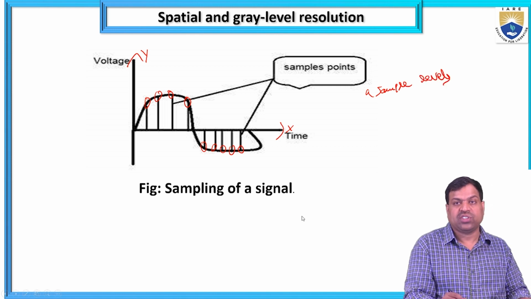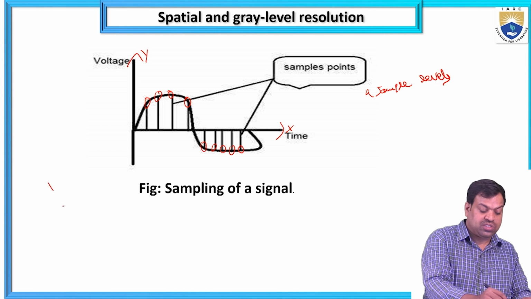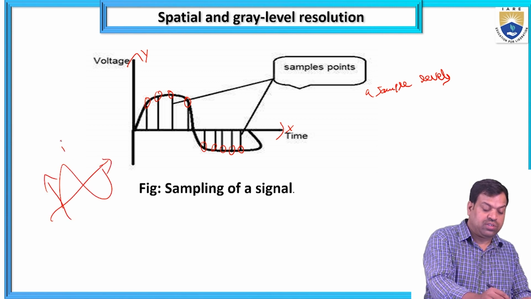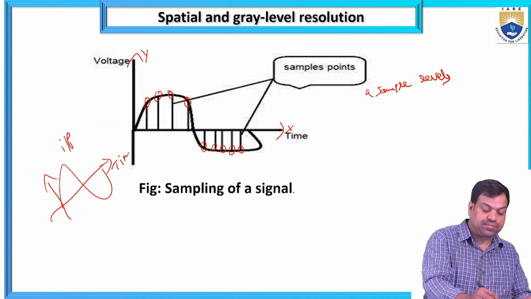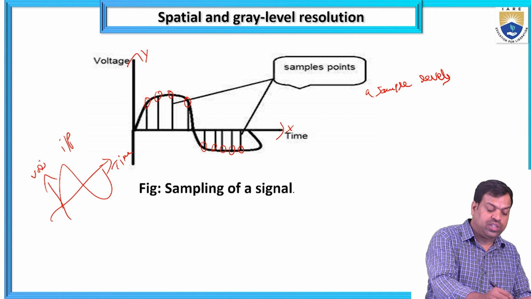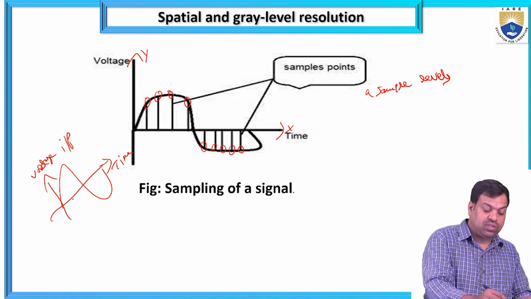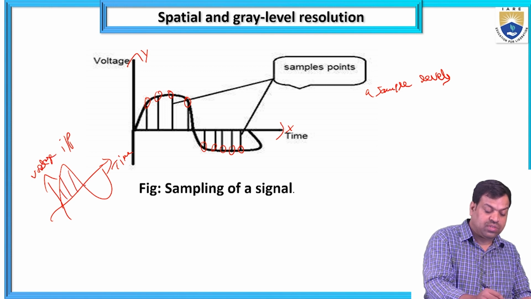So sampling of a signal means the input image, the input is like this. It is time and it is voltage. Suppose I am taking a number of samples.